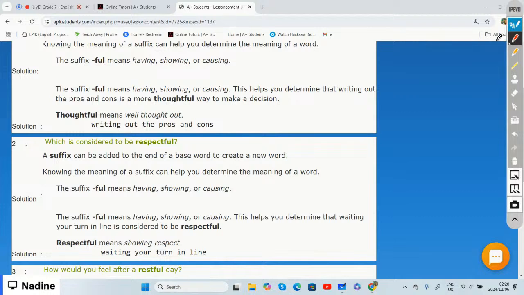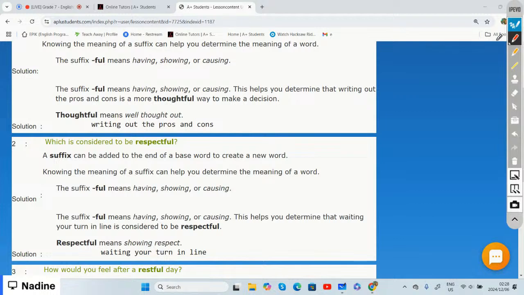So if we were to say which is considered to be respectful, there are actually many ways of considering that something is respectful.